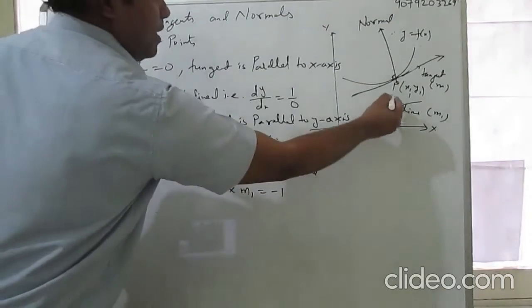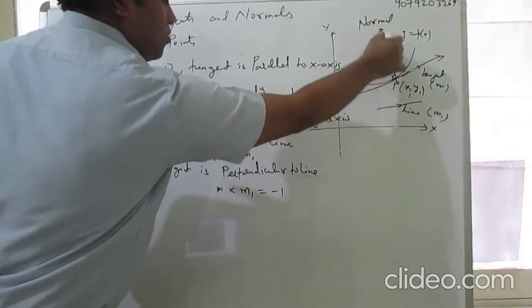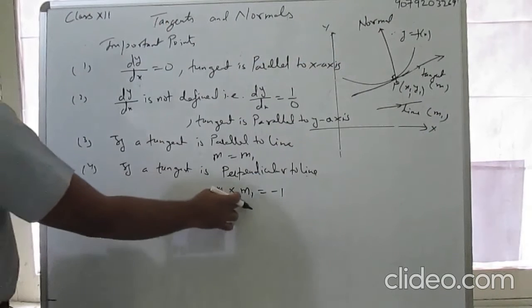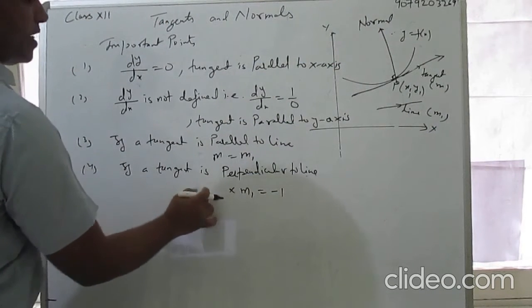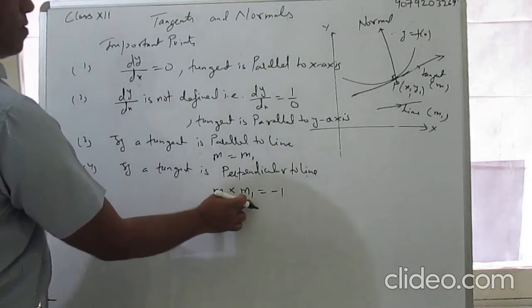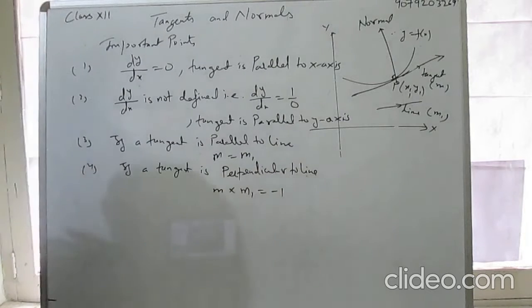If a line is perpendicular to the tangent, that is the normal condition, then m1 into m2, m of tangent into m1 the slope of line, the product is minus 1.